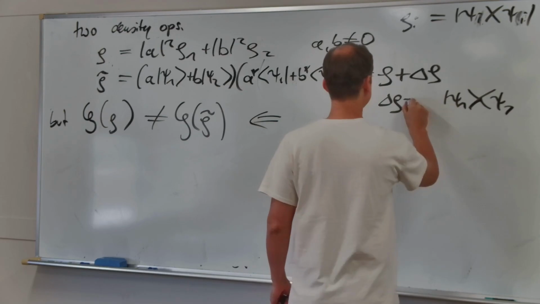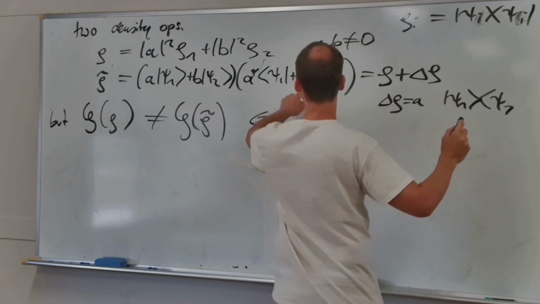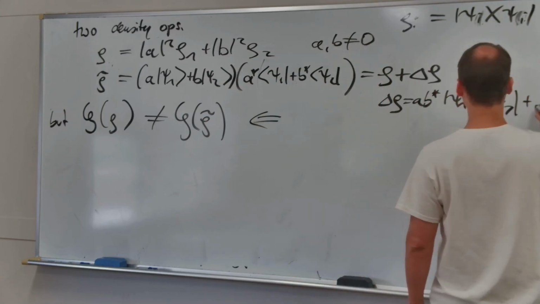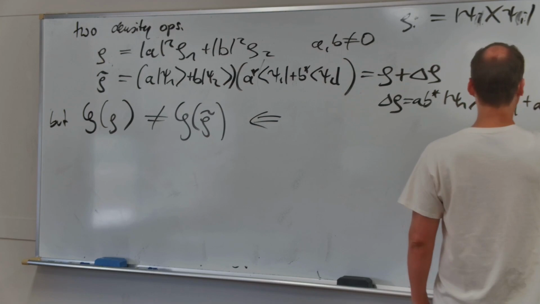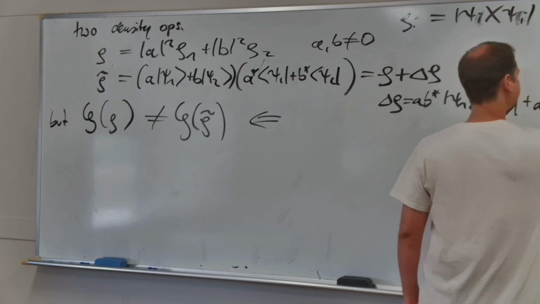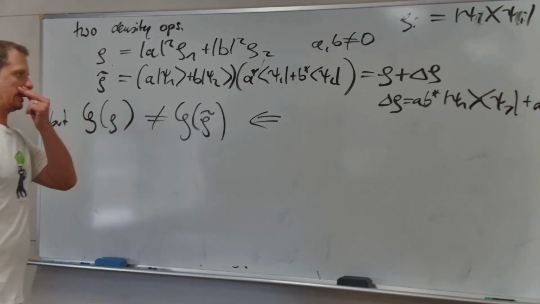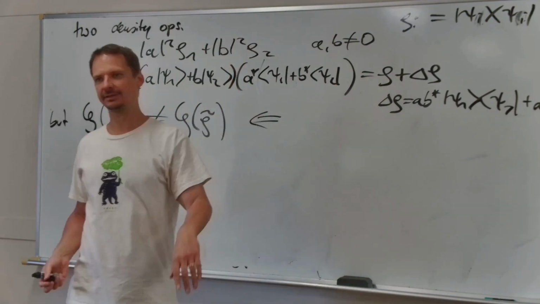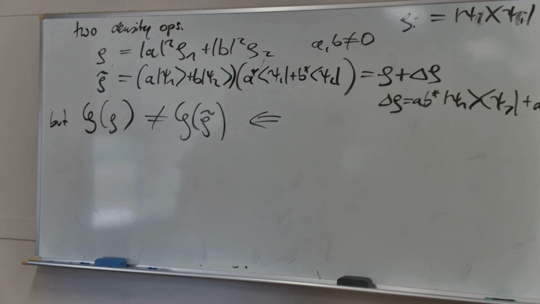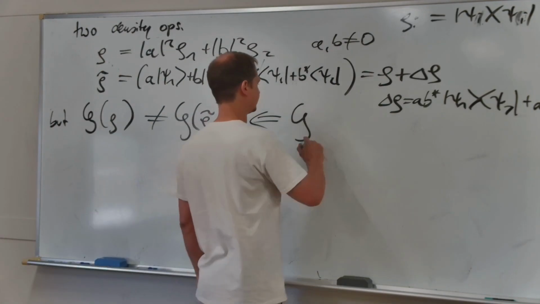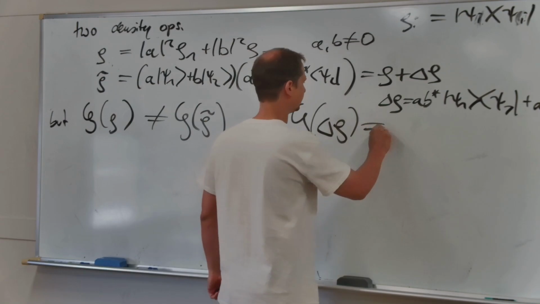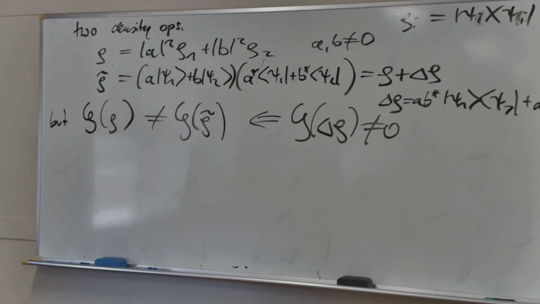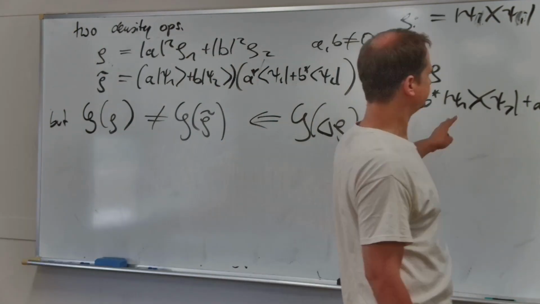So this is A of this guy, then B star, plus A star B, psi 2, psi 1. So it's clear the first part is just the other one, so obviously that will give the same answer, but the point is that G of this delta rho is not 0. So this is something you can check.